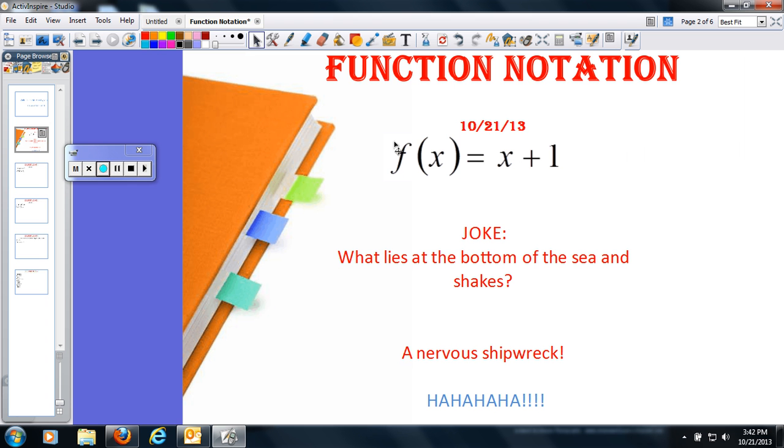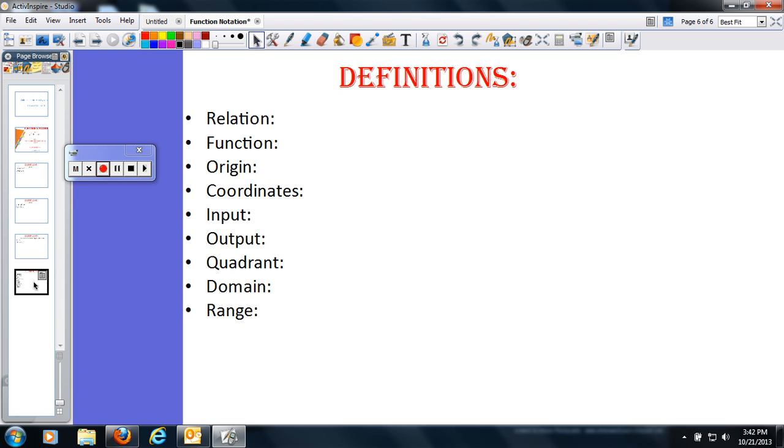So the first thing I'd like to start with, all right, so we're going with function notation, is I want you, when you guys turn these notes in on Wednesday, you will need to have these definitions down, and I need a true definition either from a math book or from the dictionary. Remember, you're looking for the definition that actually relates to mathematics, all right?